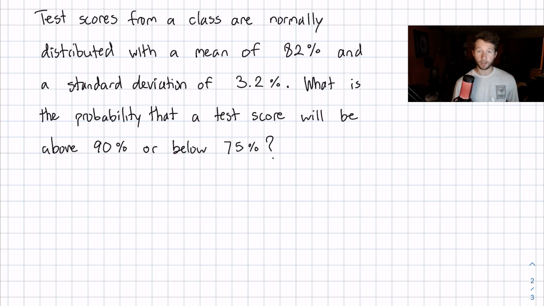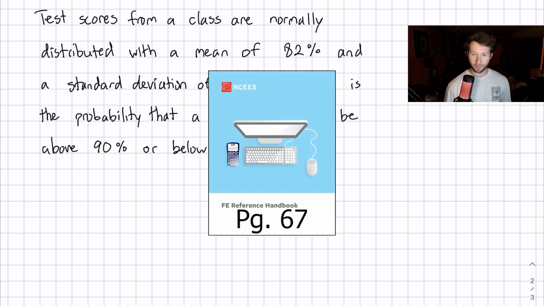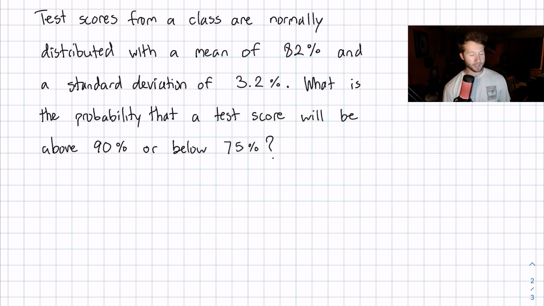Anyway, if we go to page 67 of the reference handbook, we see there's our normal distribution, or information about the normal distribution. On there, you can also see how to find the z values. So for the z values, let me just write the equation. z equals x minus mu over sigma, which is x, the point that we're interested in, minus the mean, over the standard deviation.